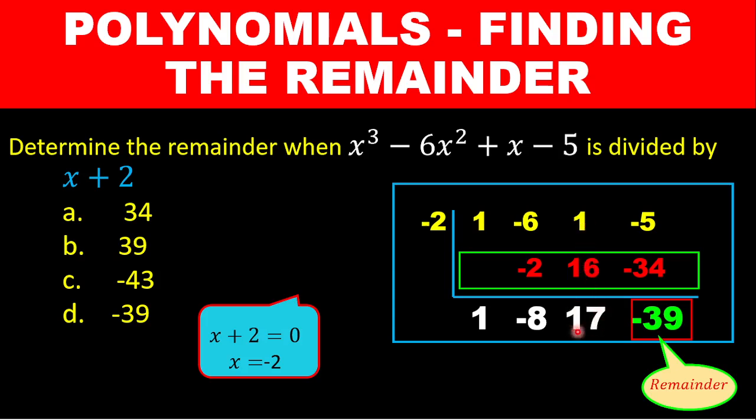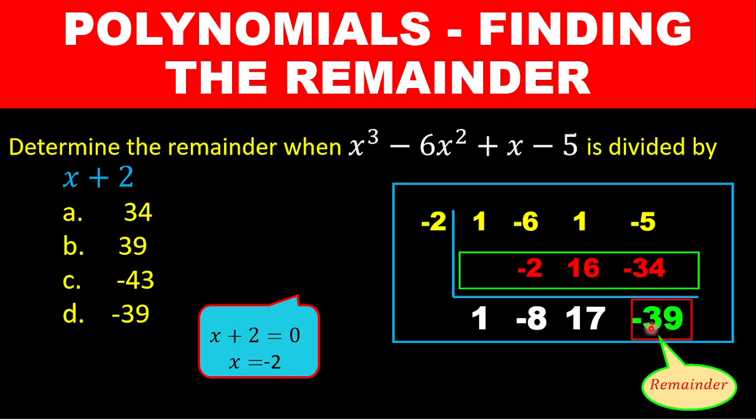And then 17 is down, so it must be multiplied by this minus 2 here. So negative 2 times 17 will give us minus 34. And now we are adding these two. Minus 5 plus minus 34. That will give us minus 39. Remember, always the last number is going to be your remainder.